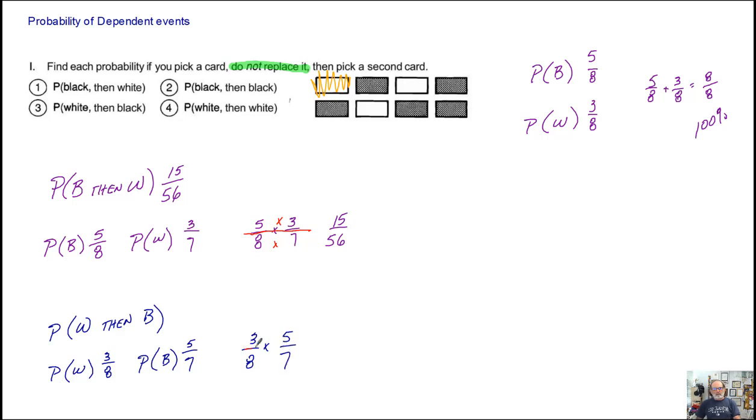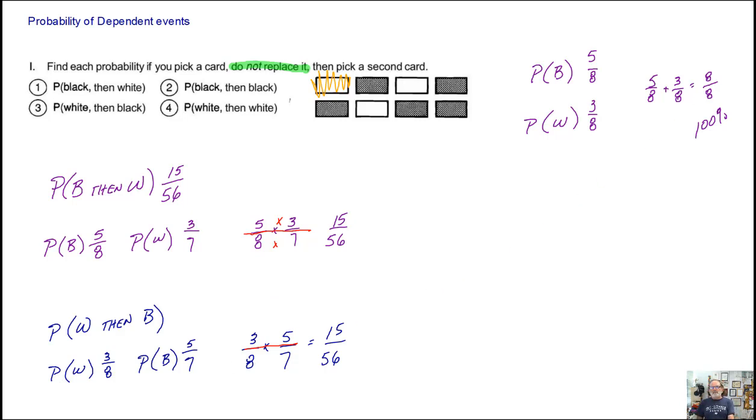I can think about doing the top times the top and the bottom times the bottom. And yes, there is the same probability. 3 times 5 is 15, 8 times 7 is 56. Still a 15 out of 56 chance.